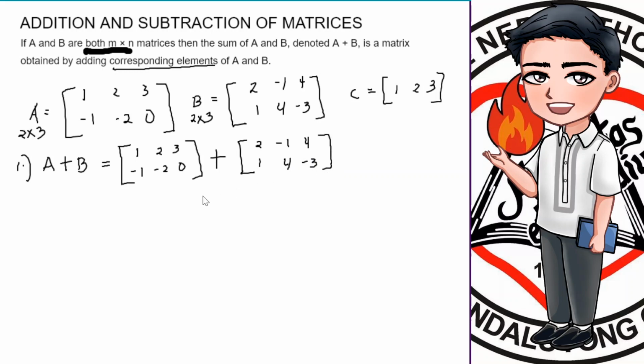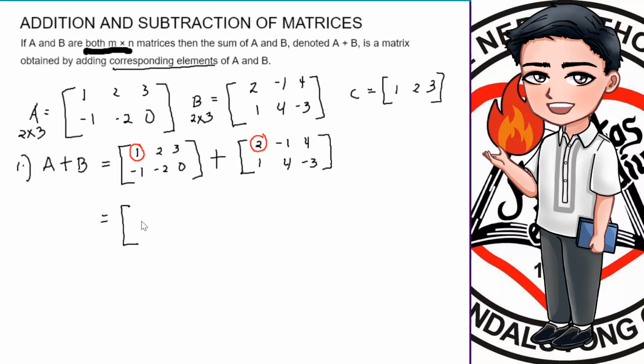The second thing that we need to remember is that we can only add the corresponding elements. It means that we can only add elements in the same position. So 1 can be added only to 2 because 2 is in the same position as our 1.